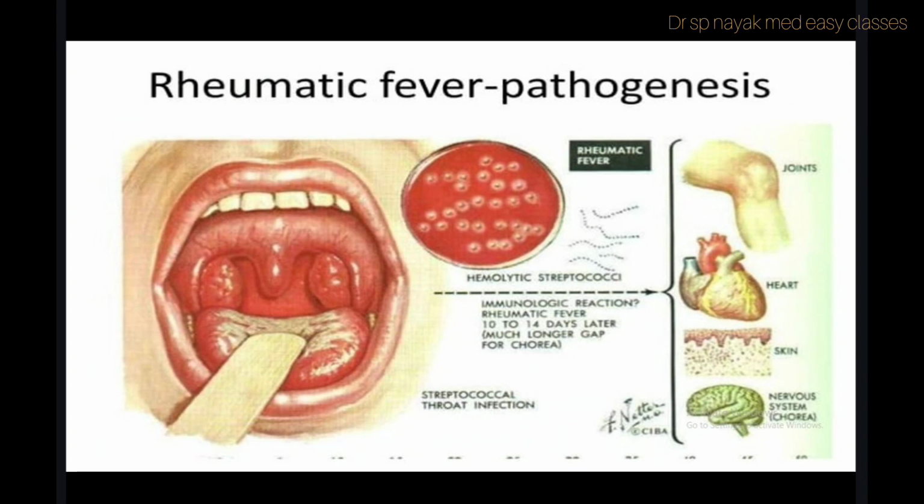As this infection affects the pharynx, an immunologic reaction occurs inside the body. Antigens are there, so antibodies are produced. It can take 2 to 6 weeks, or 10 to 14 days later. Which organs does it affect? It affects joints, heart, skin, and nervous system.